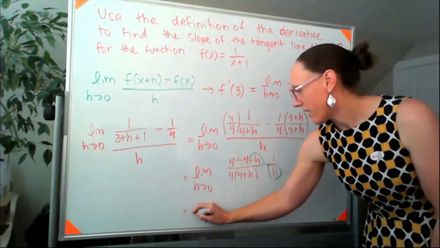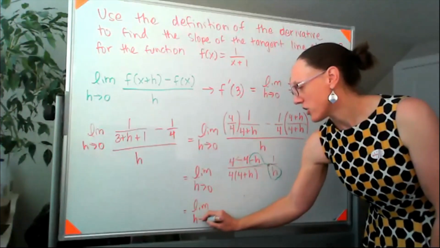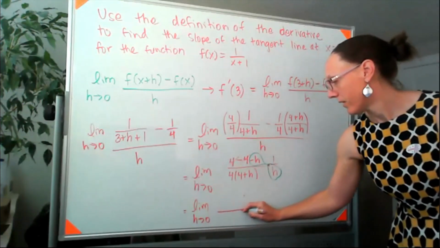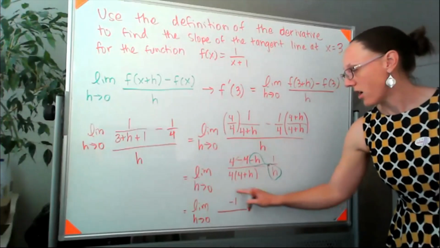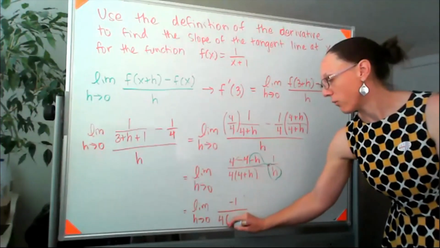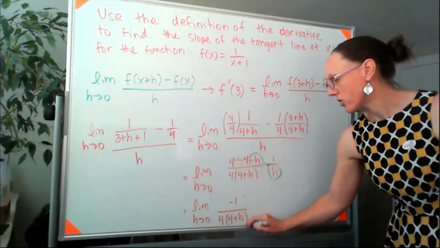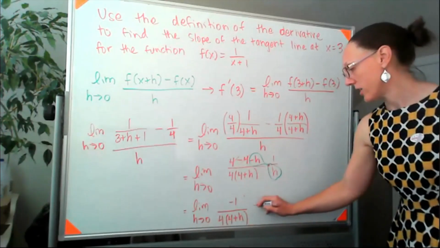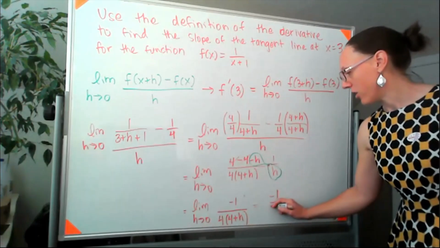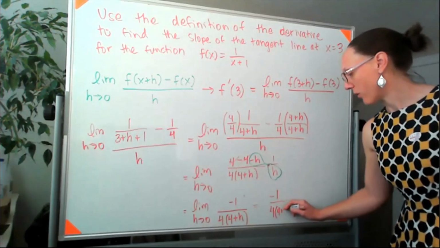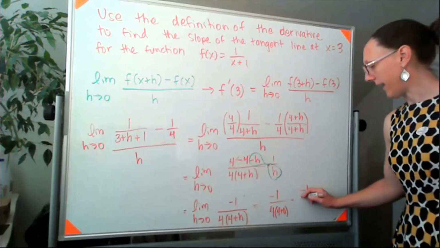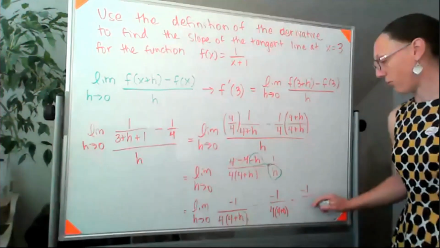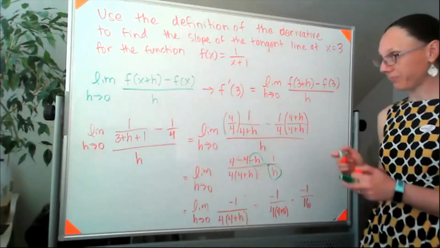So this is the same as the limit as h approaches 0 of a negative 1 on the top, and then in the denominator, I've got 4 times 4 plus h. Last step, I'm going to plug in that 0 for h so that we get negative 1 over 4 times 4 plus 0, or negative 1 over 4 times 4, which is 16.